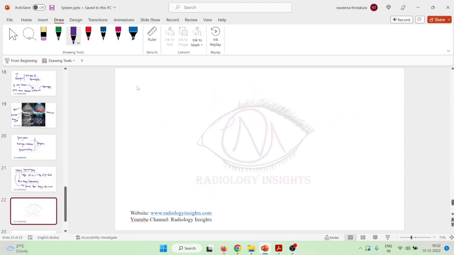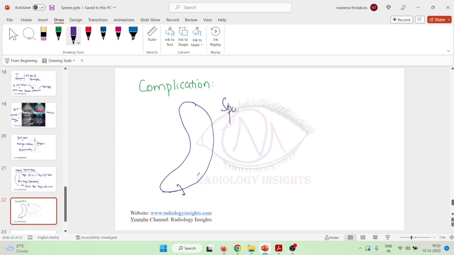What are the complications of splenomegaly? If the patient has splenomegaly, number one, because the spleen has increased in size, it can rupture, resulting in spontaneous splenic rupture.